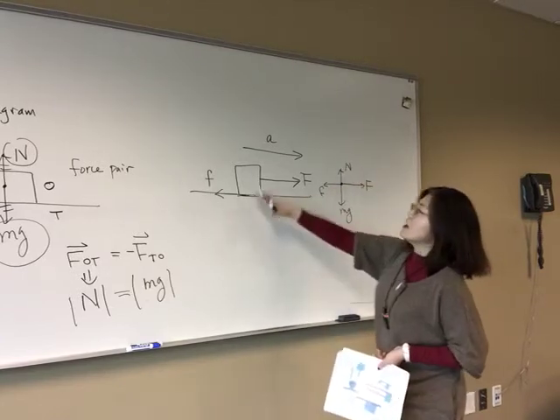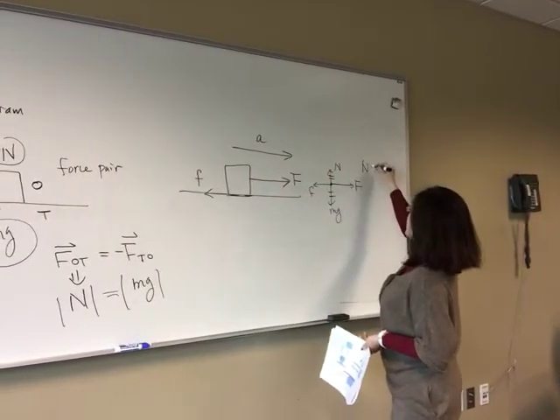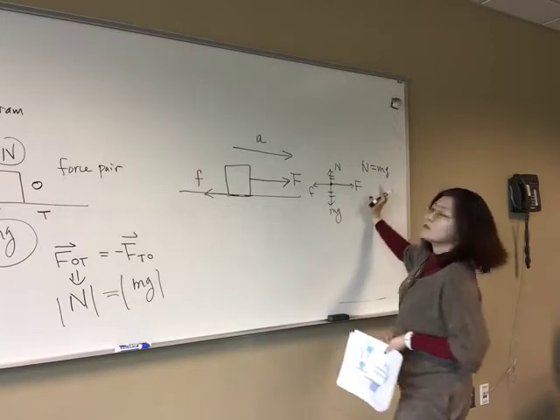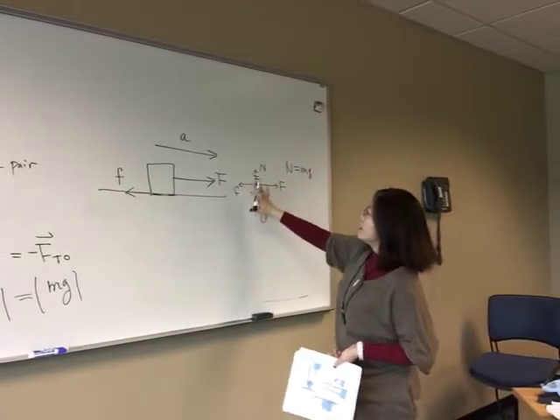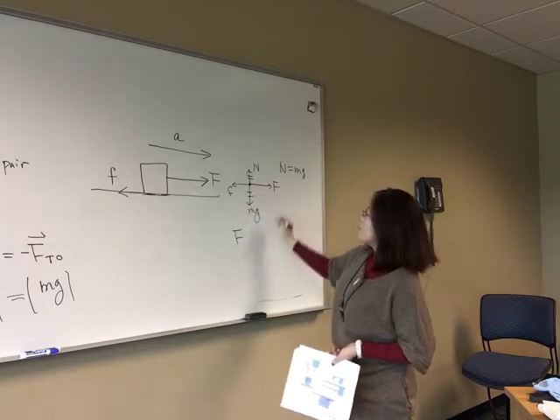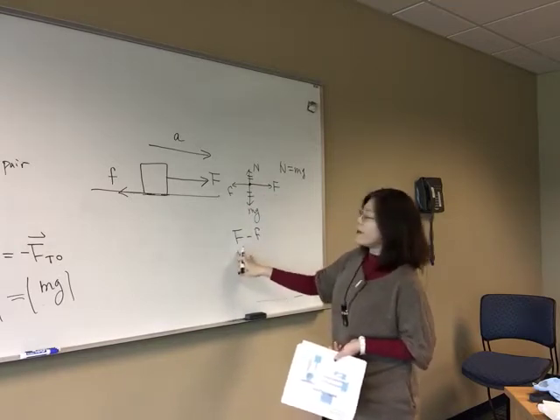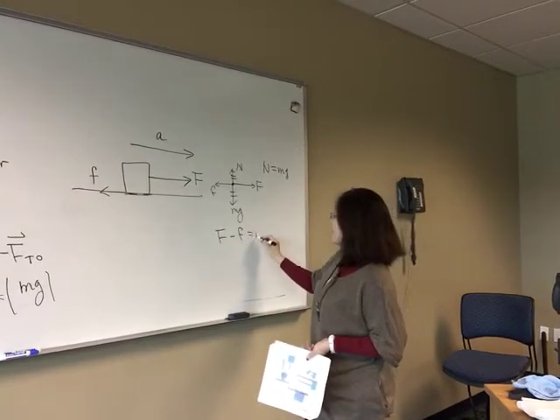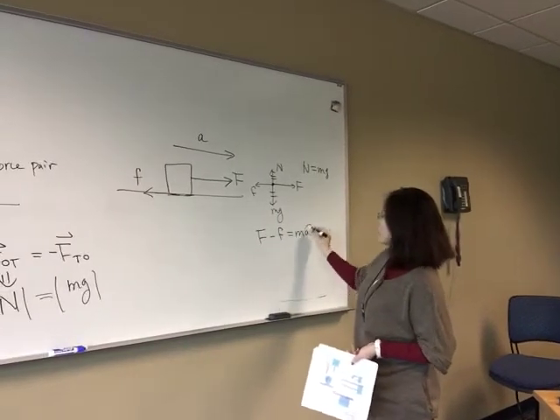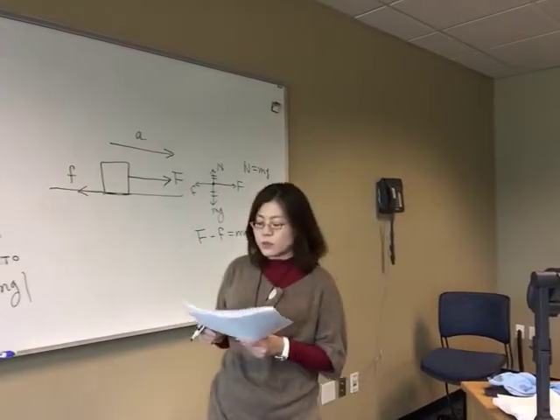In the vertical direction it's not moving, which means N has to equal mg, because N minus mg is equal to 0. In the horizontal direction, you have the rightward force plus the leftward force, so it's F minus f, and that's equal to ma. From here, you can calculate your a value, which is just the difference of the forces divided by the mass of the object.